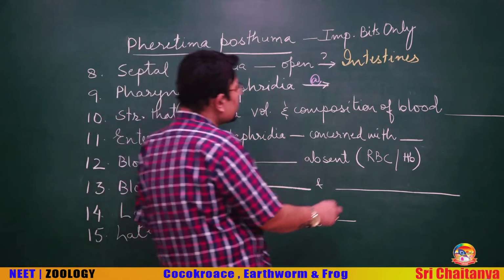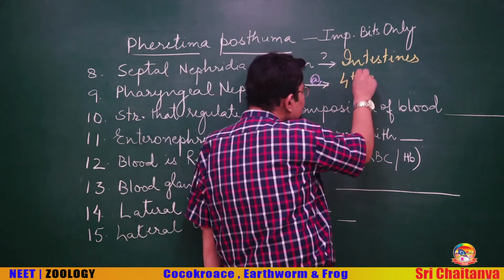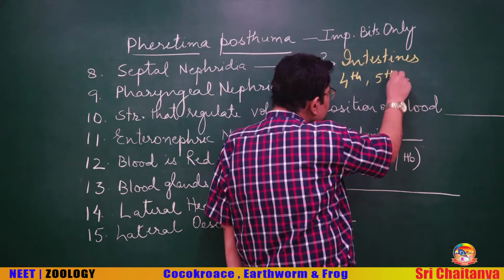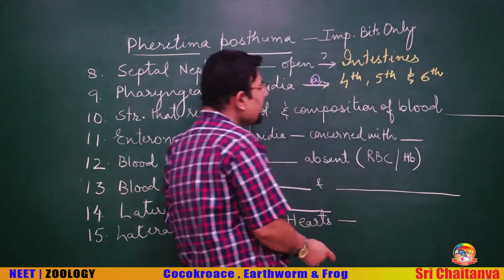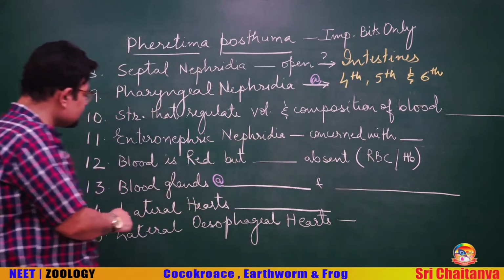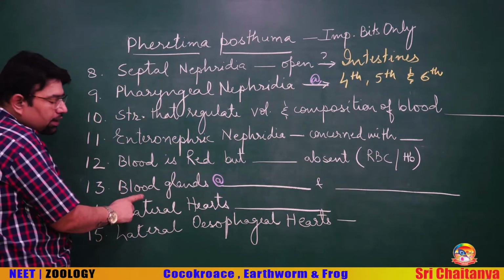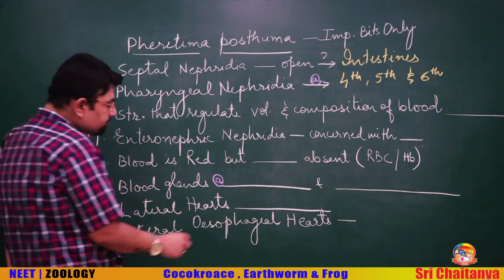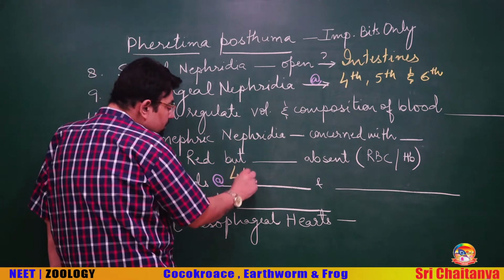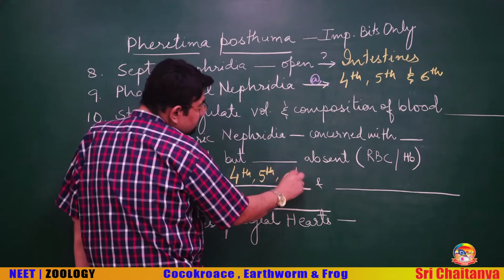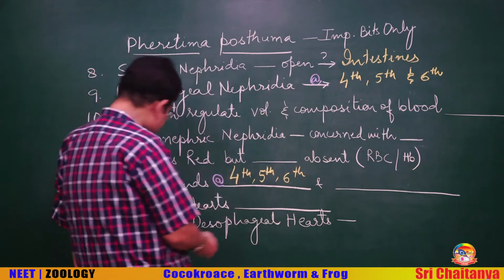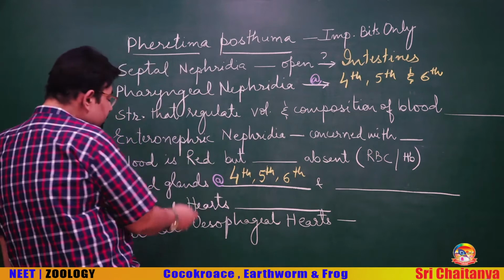Pharyngeal nephridia are present in 4th, 5th and 6th segment, and the same is the answer to the question: where are the blood glands present? Here also 4th, 5th and 6th segment.